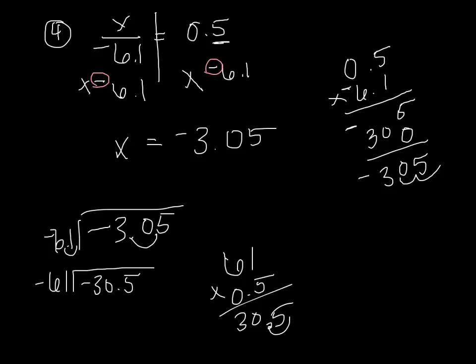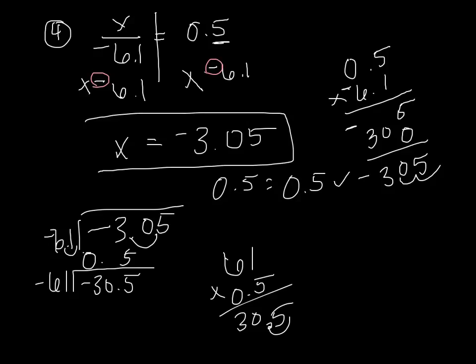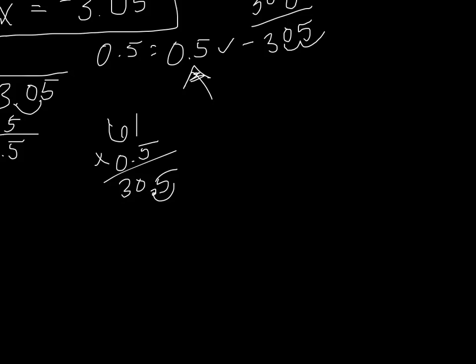Let's try it out. Yes, 61 times 5. 5 times 1 is 5. 5 times 6 is 30. Bring my decimal point back 1. And yes, I get 0 and 5/10. So on both sides, I'm going to get 0 and 5/10 equals 0 and 5/10. My answer checks out. I'm putting my box around my answer.